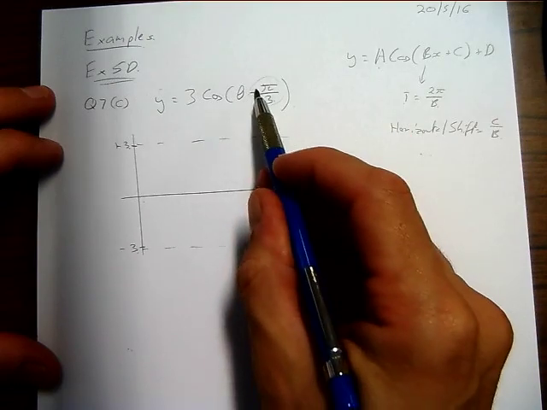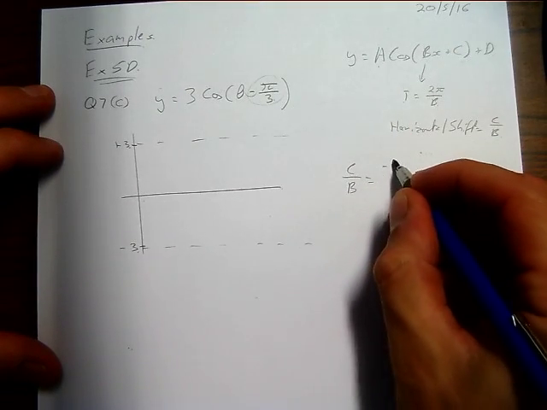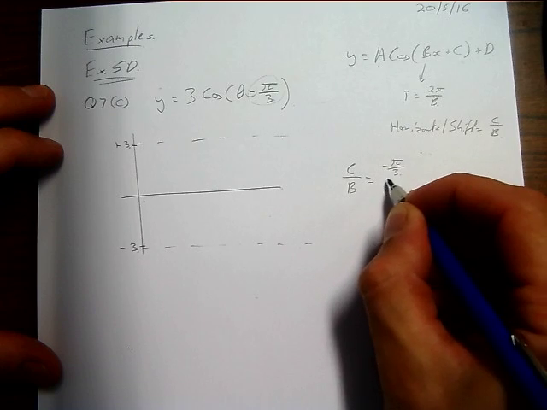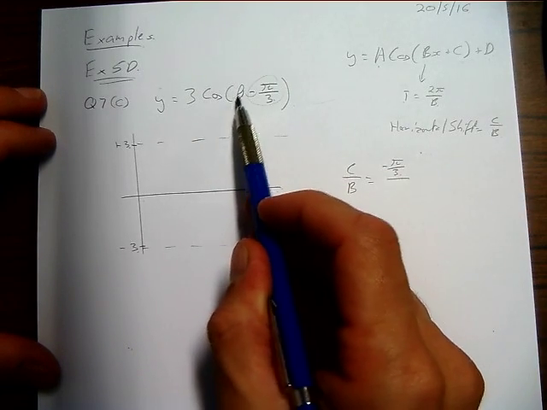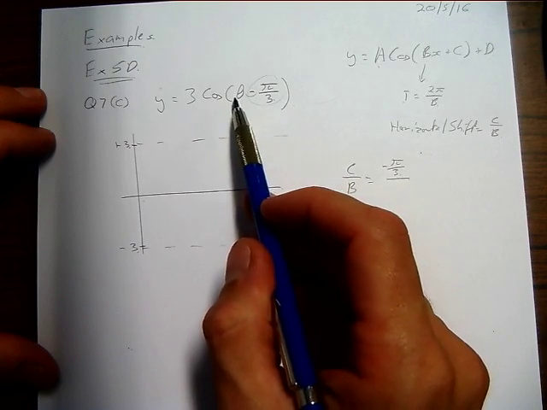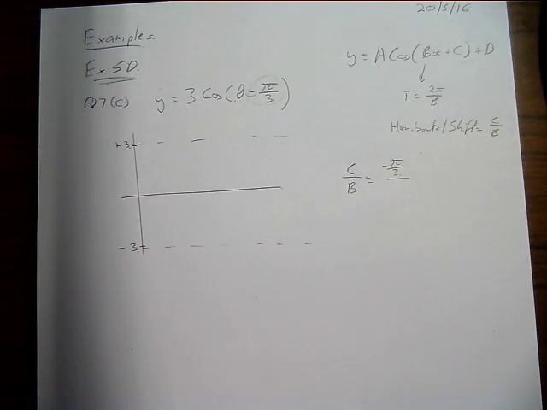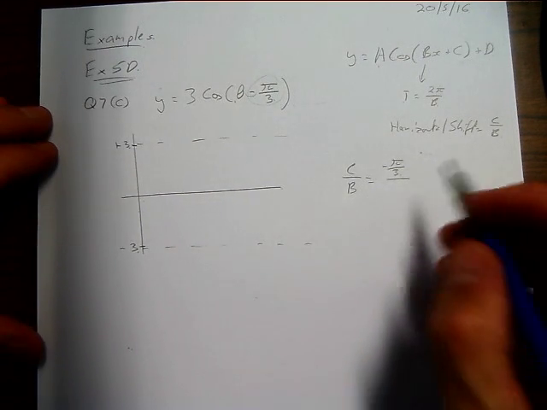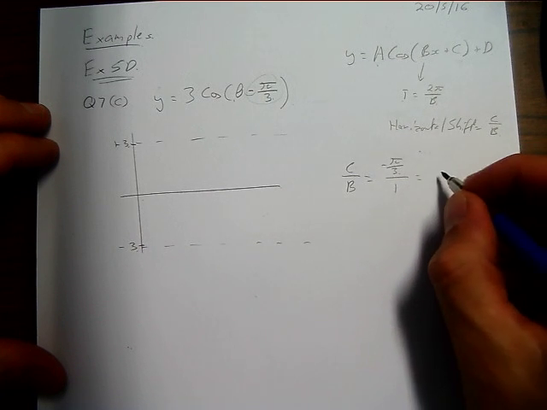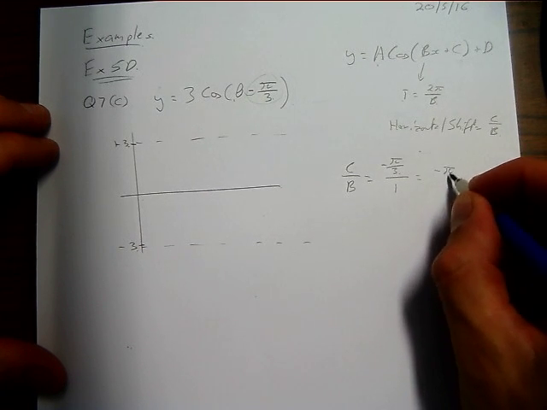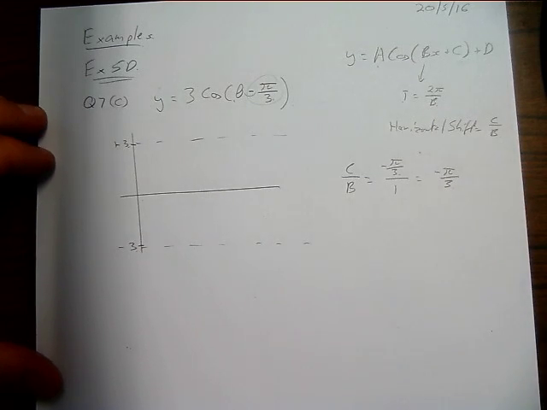In fact, it's negative pi on 3 divided by, what is my B value? 1. Okay, so don't get confused by that theta. That's just our variable. So usually we'd be doing x as our variable, but in this case we have theta as our variable. That's fine. So over 1. So our horizontal shift is negative pi on 3.